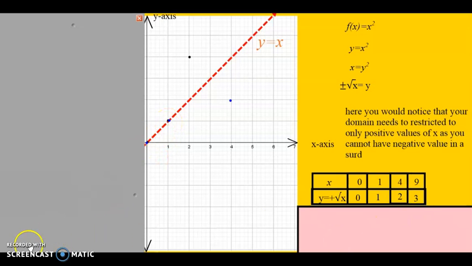So when we plot our values, we will get at 0 will be 0, at 1 will be 1, then at 4 will be 2, and at 9 will be 3.